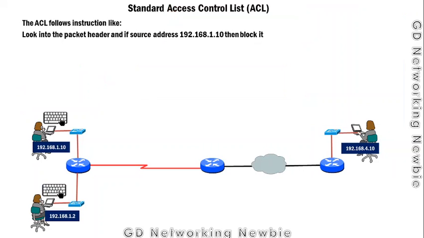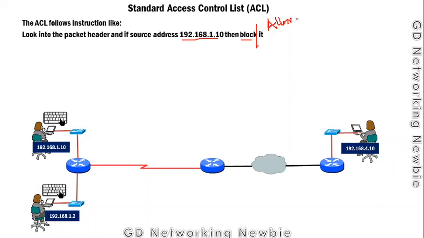Then if we talk about the standard access list, it follows instructions like this: when you receive a packet, look into the header part, and if the source address matches some particular IP address, then maybe we can say please block them, or maybe we can say please allow them.